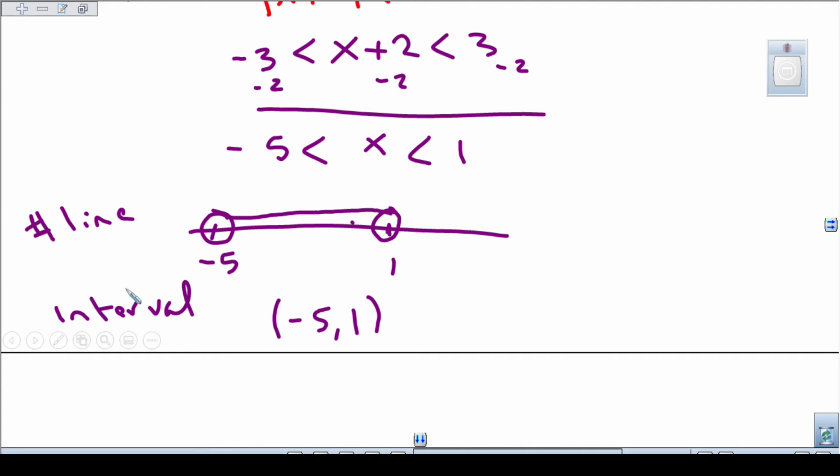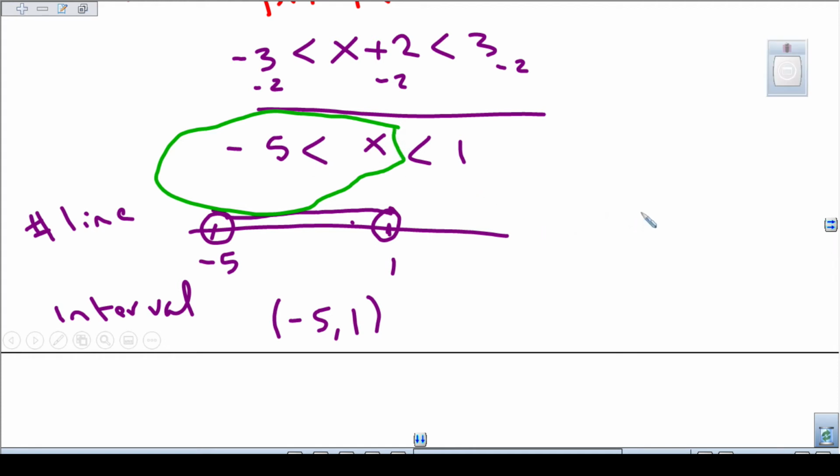Okay. Somebody was asking, is there another way to do it? I'm hesitant to show you, but I'm going to show you anyway. Yes, there is a different way, which is you focus on one side of this inequality at a time. So you look at only this part.